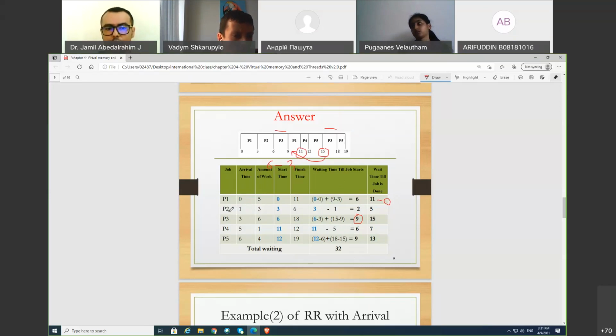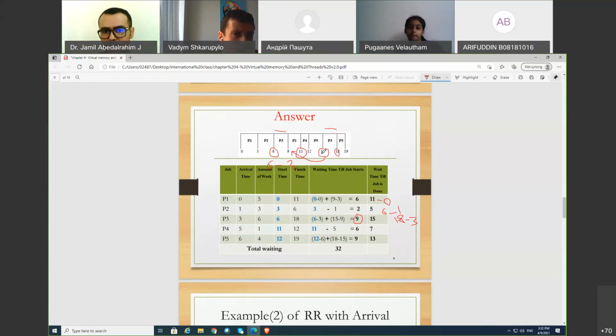For process 2, finish time of process 2 at 6 minus arrival time 1. 6 minus 1 equals 5. P3, finish time of P3, we finish at 18. So 18 minus arrival time 3 equals 15.